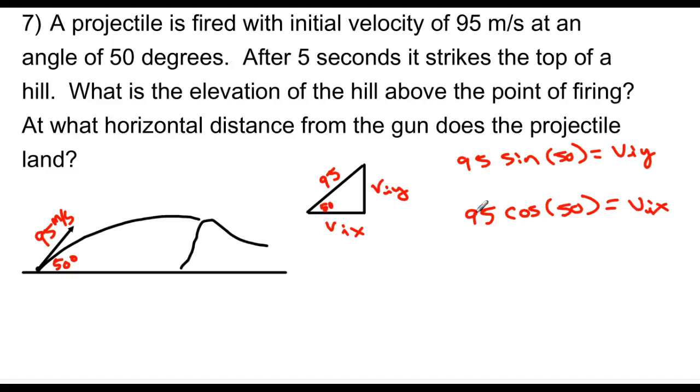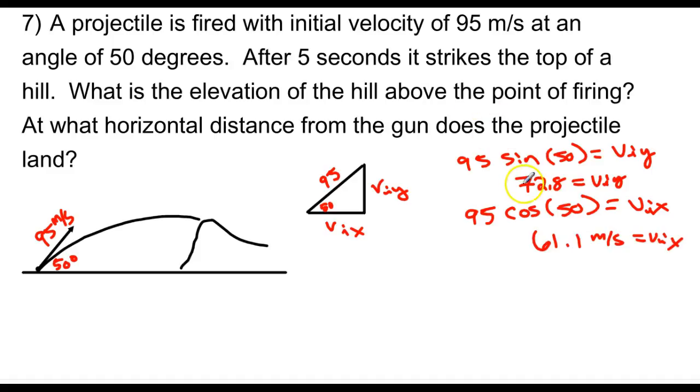Go ahead and punch that in now. 95 sine 50, 95 cosine 50. When I do that, the y direction is going to be 72.8 meters per second. Just can't fit it in there now. The other one's going to be 61.1 meters per second. That's your velocity in the x direction.